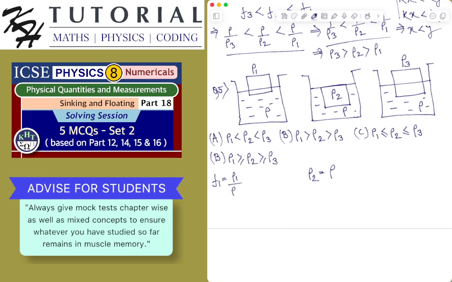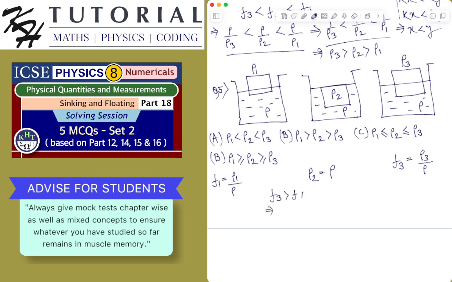And let's say for case 3, figure 3, F3 is the fraction, that is, if F3 fractional part of the body is immersed in the liquid, F3 should be equal to rho 3 by rho. Clearly from the figure we can see that F3 is greater than F1. Visually we can clearly see that F3 is greater than F1.